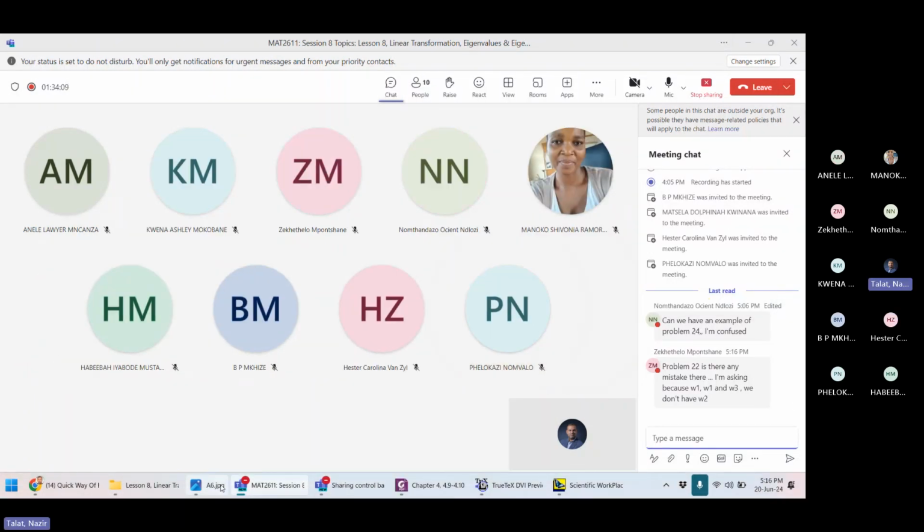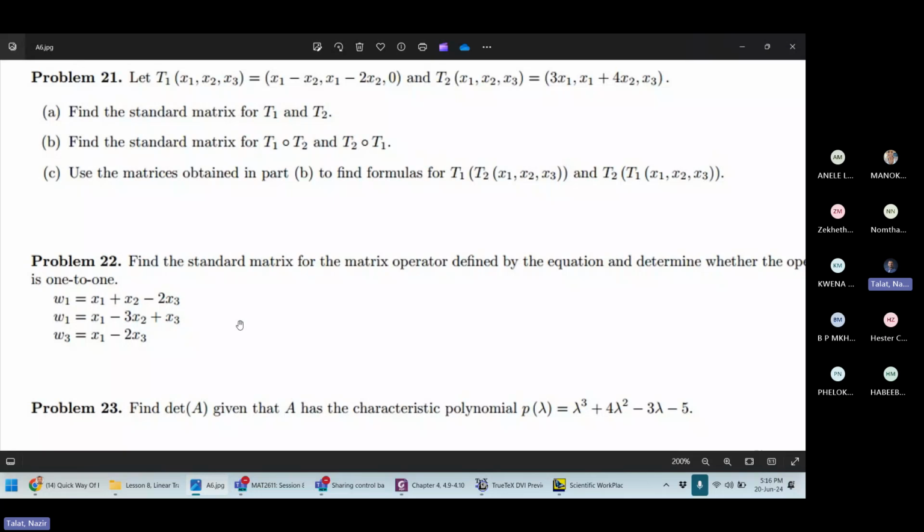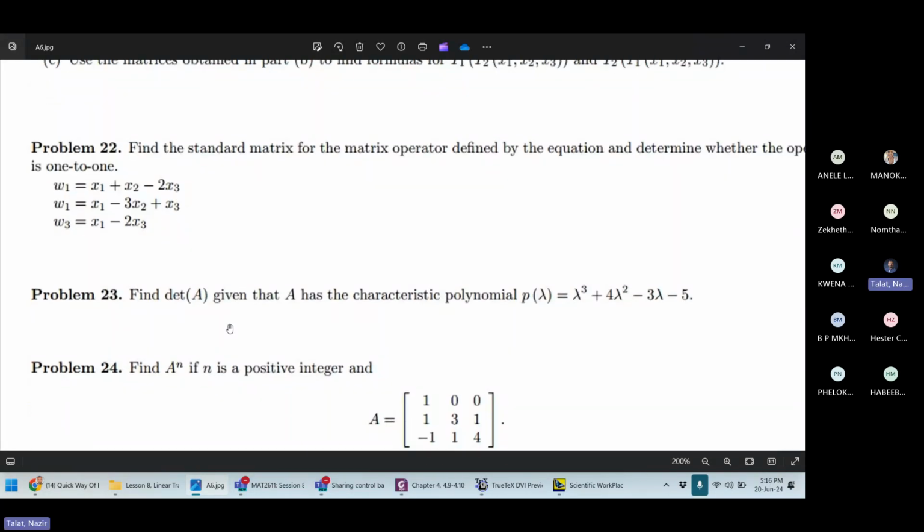Problem number 24. Here is the problem. In problem number 24, you see that if A is any matrix, how to find A power n in general form. When you read the textbook literature, you will get the answer.